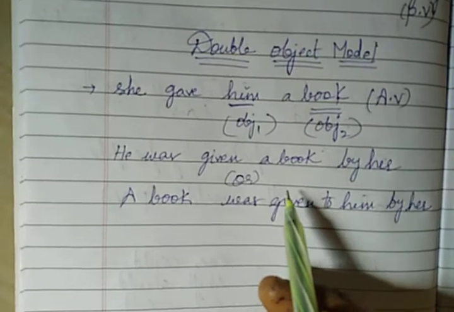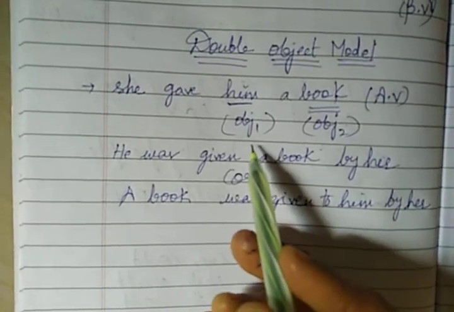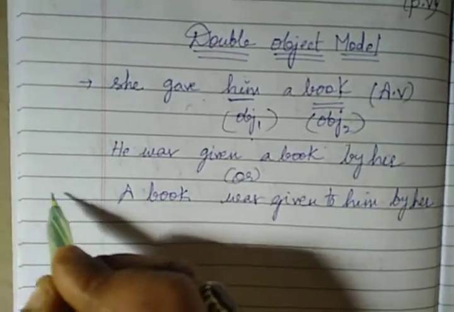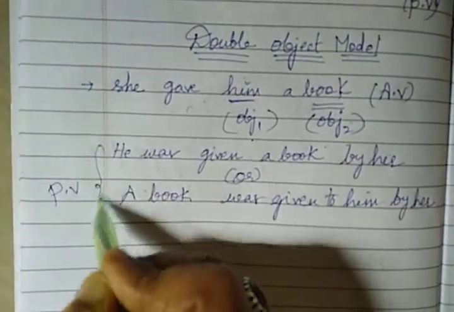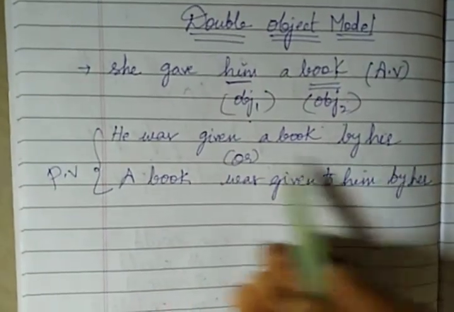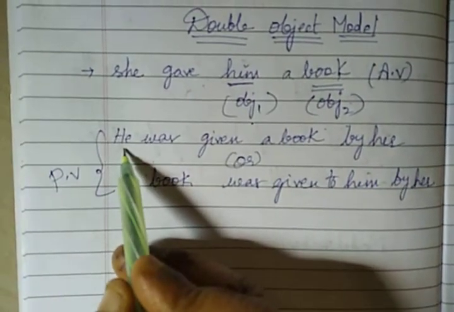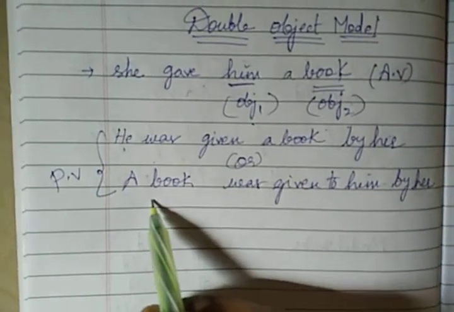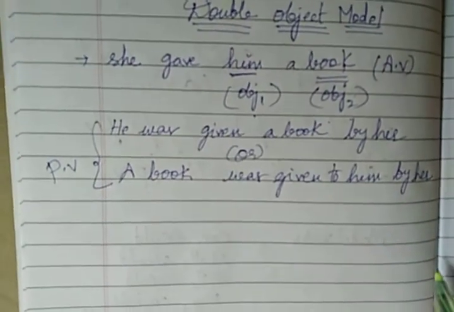So you can start passive voice with even the first object or the second object. So these two are in passive voice. He was given a book by her. Here he is the first object. A book was given to him by her. A book is the second object.